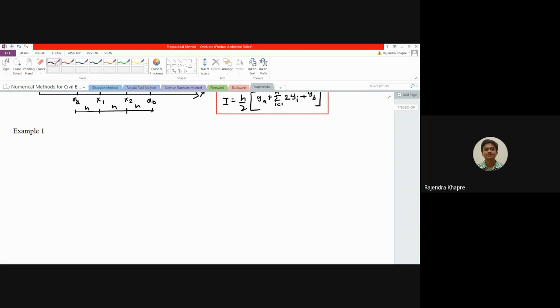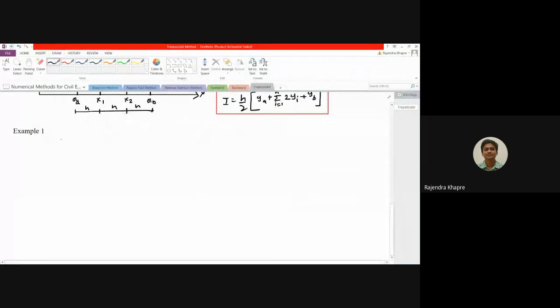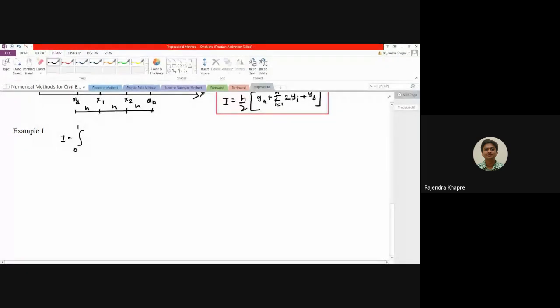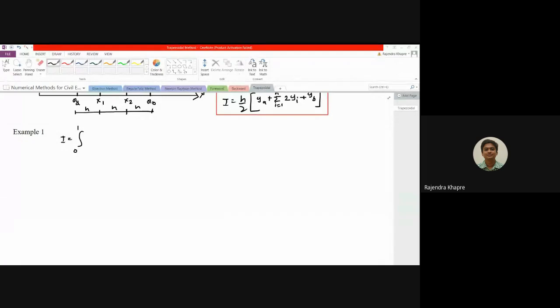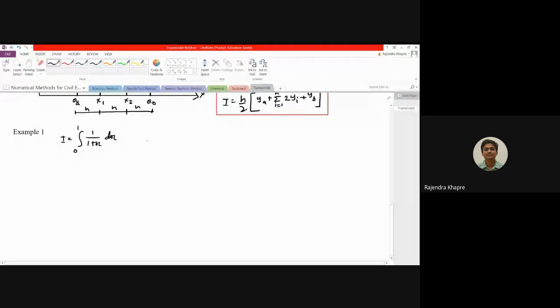I want to calculate the value of the integration I, equal to the integration from 0 to 1, so the lower limit is 0 and the upper limit is 1, of 1 upon 1 plus x into dx. I want to know its actual solution.